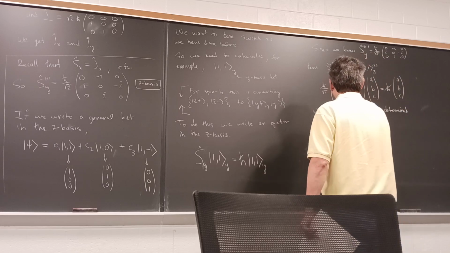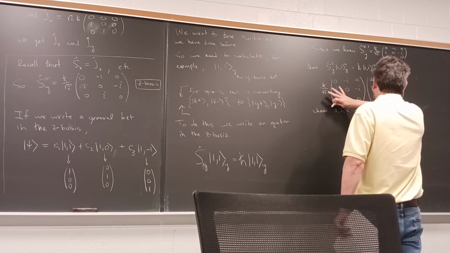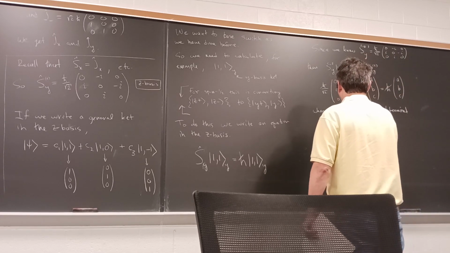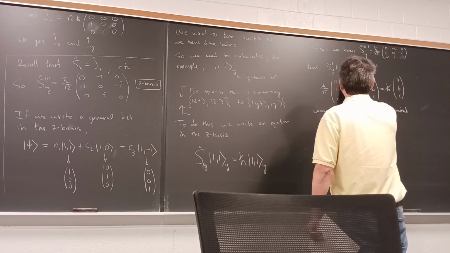And so, if I'm just going to do this matrix multiplication, I'll have 1 over root 2 now.